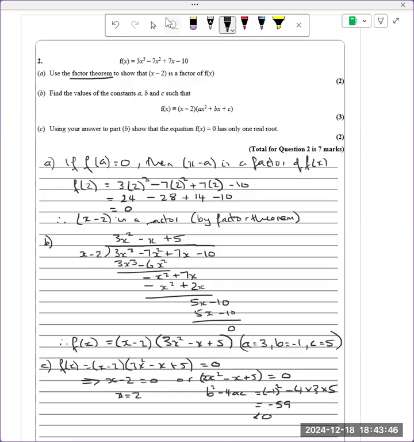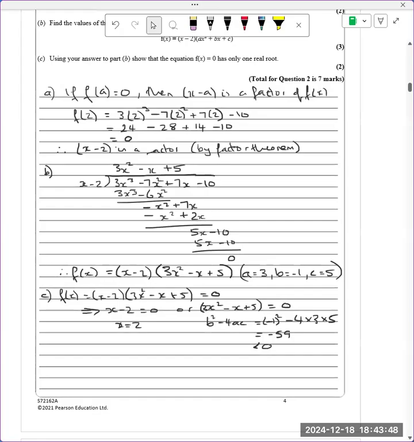And so we can say with confidence that there are no real roots of the quadratic factor. So therefore x equals 2 is the only real root of f of x equals naught.